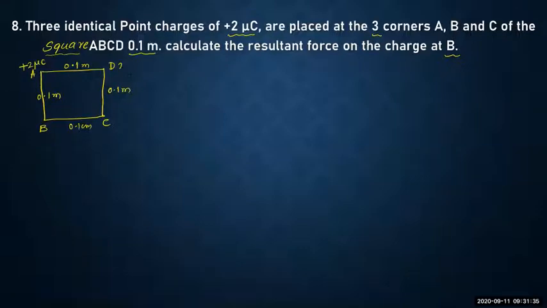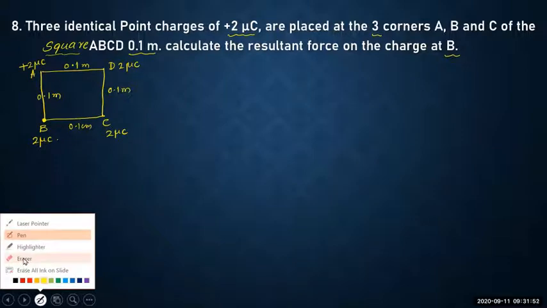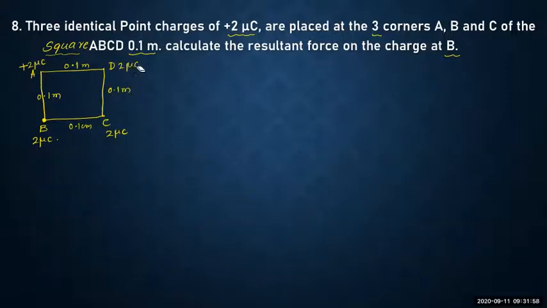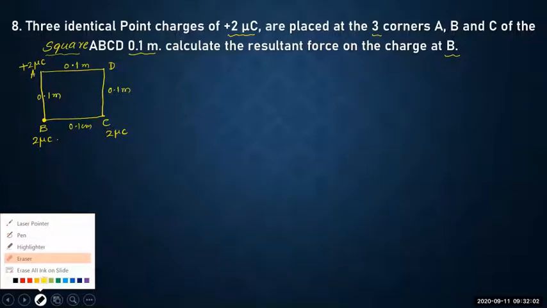Yes, we have the charge of 2 microcoulomb. Then they ask you about the resultant force on charge B, charge at B. So what is the resultant force? Actually, there is no charge at D. A, B and C only. We don't have any charge at the vertex D. Right? That is very important.